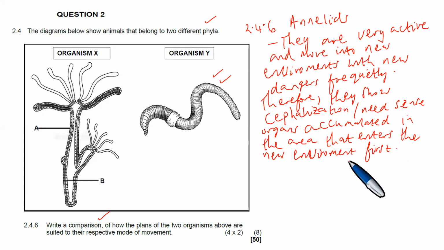So they tend to advance that part of their body that detects more danger, the part that is more sensitive to the surroundings and makes them feel either safe or in danger.